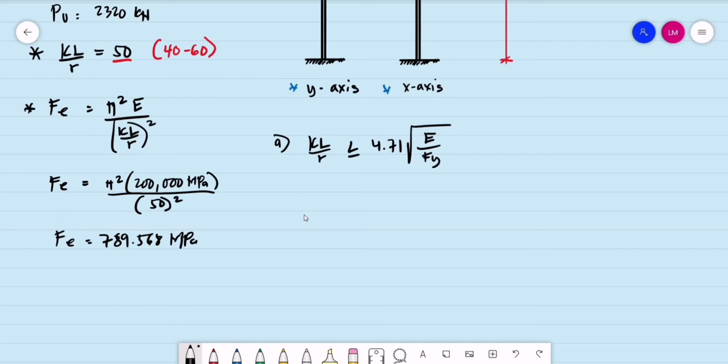We have KL over r equal to 50. Is it less than or equal to 4.71 times the square root of 200,000 megapascals divided by our Fy of 345 megapascals?